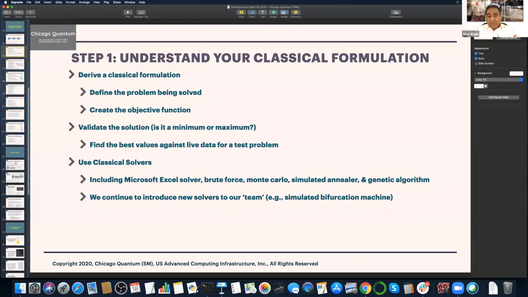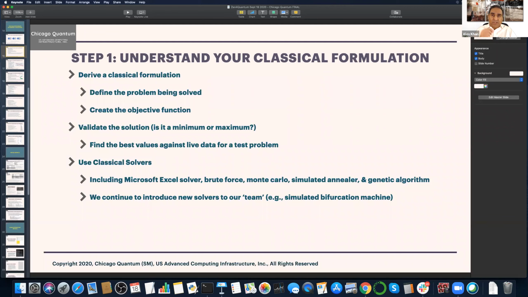Now, Solver is very easy to put together. It's easy to communicate with the stakeholder, but Solver will get stuck in local minimums. So you get an answer, it's not a very good answer, and you have to keep teasing it and starting it over again, or starting with different values and letting it evolve to try to get to the best answer.